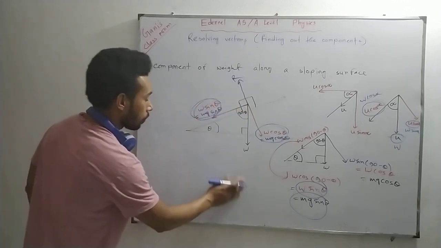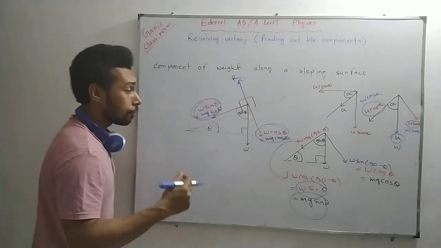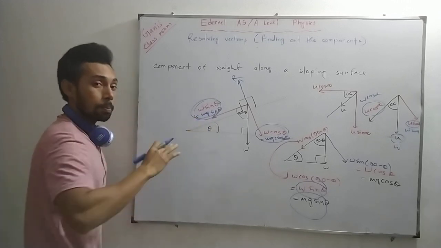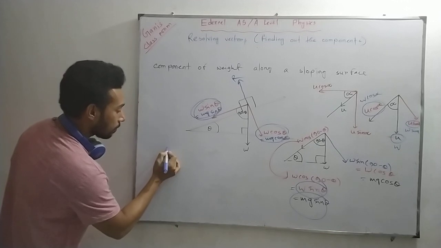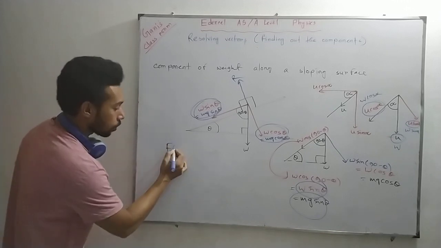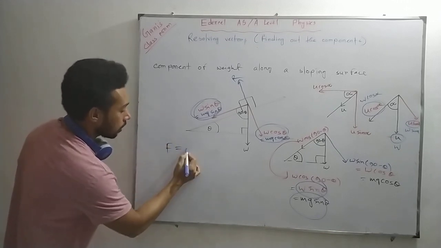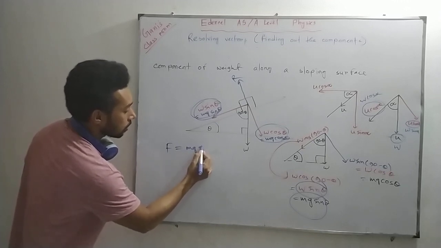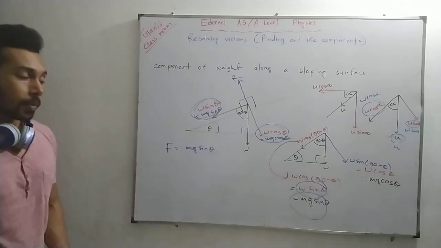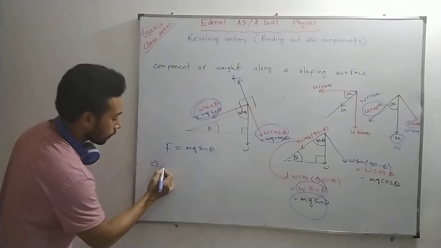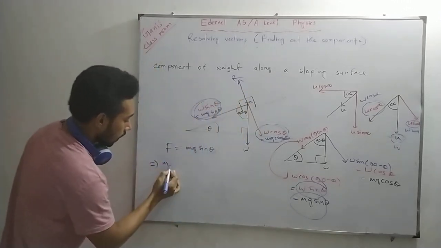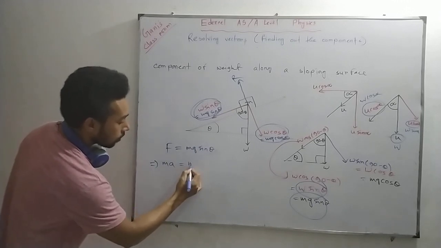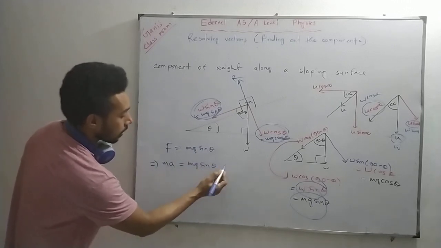Again, if we consider the slope being frictionless or smooth, we can write that the unbalanced force F is actually mg sin theta. And we know that the unbalanced force is equal to ma, if the box has a mass of m. So ma is equal to mg sin theta.